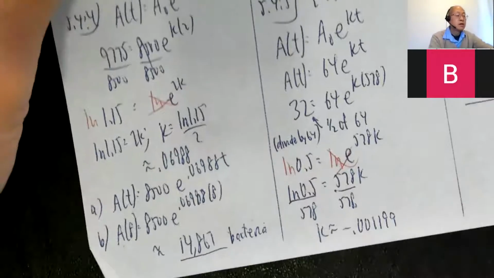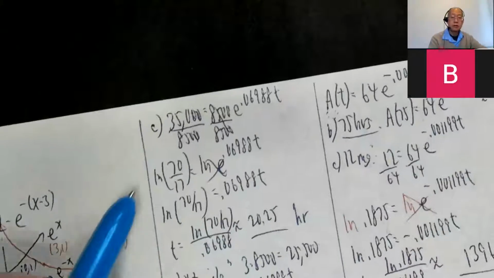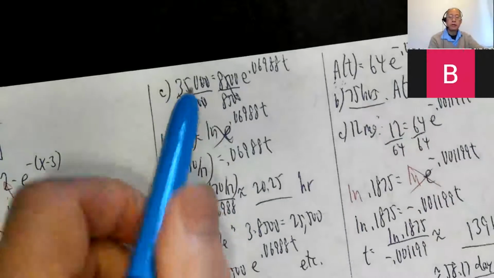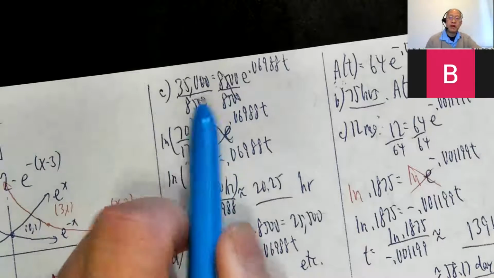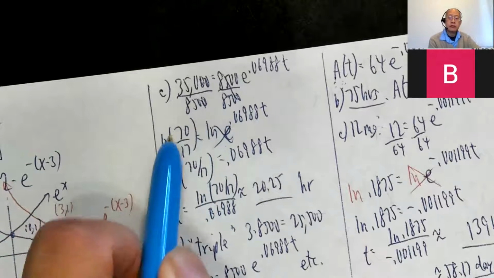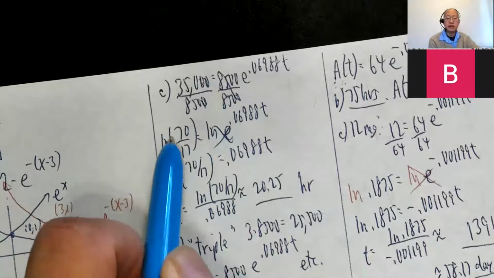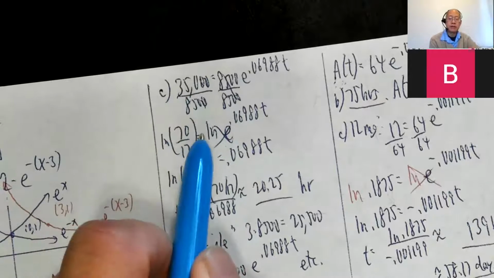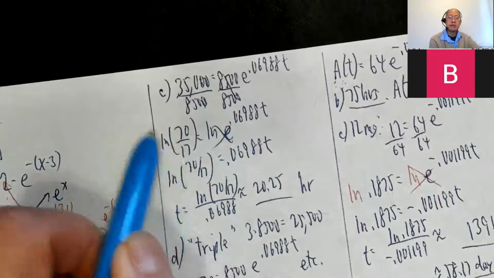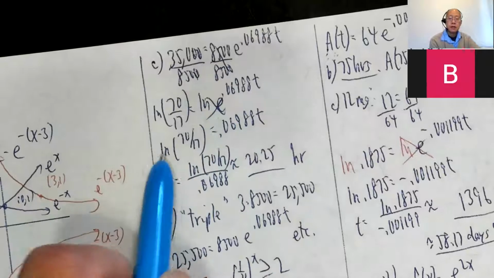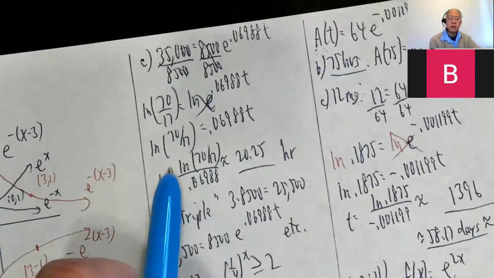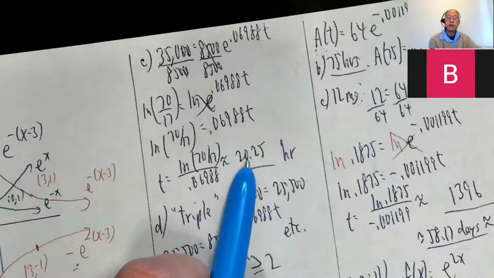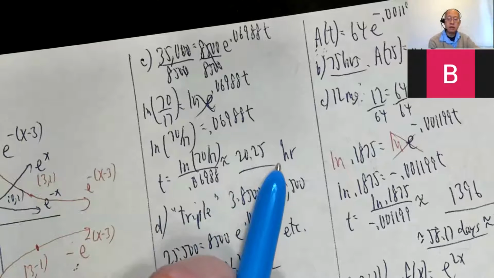Part C, they want 35,000. So put 35,000 here. Divide by 8,500. This reduces to 70 over 17. If you didn't do that, that's okay. But you'd have to keep this whole thing. Take the natural log of both sides. And then divide by 0.06988. So t is all of this, 20.25 hours.